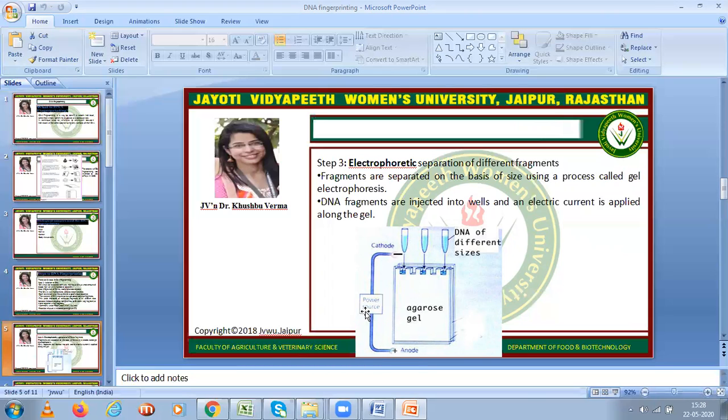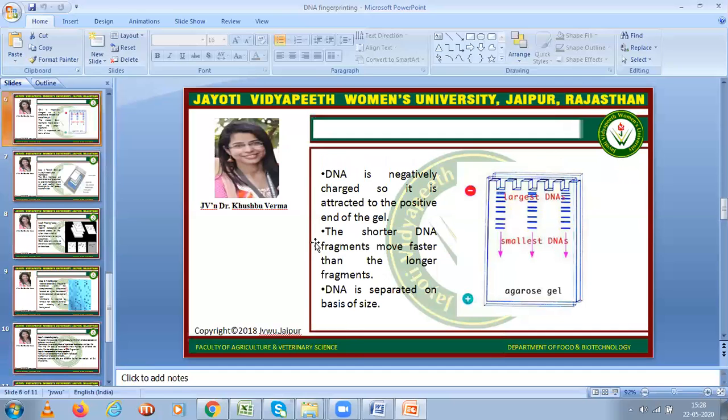This is the power source, and DNA is negatively charged, so it will move from the negative charge to the positive charge. It means it will move towards the anode region. DNA is attracted to the positive end of the gel, and the shorter DNA fragments move faster than the longer fragments.